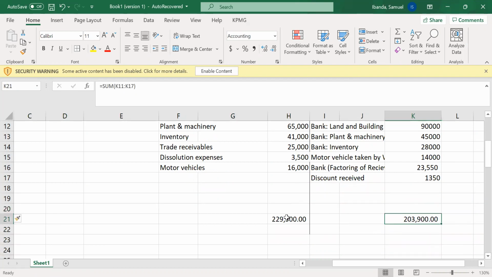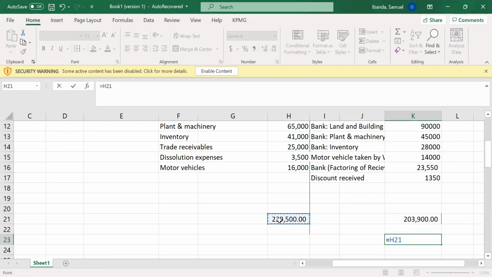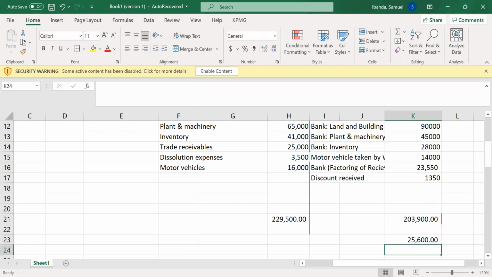As we can see, this side is 229,500 and this side is 203,900 for whatever we have input. The difference between these two sides, this minus this, is what you would call a profit or loss on revaluation. Any difference between these two values is either profit or loss.